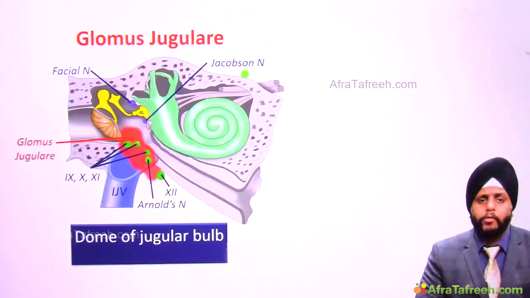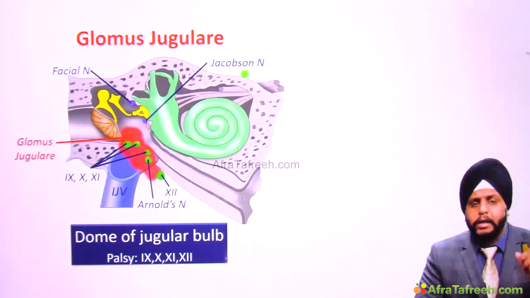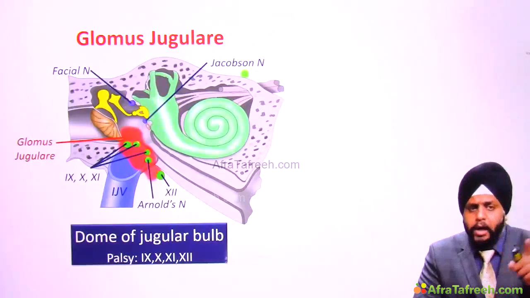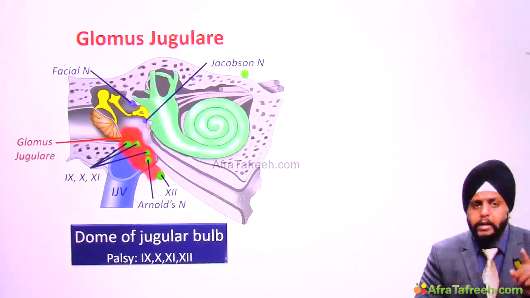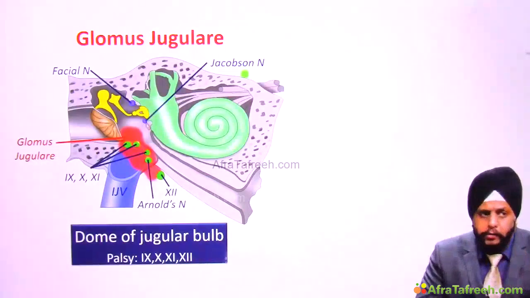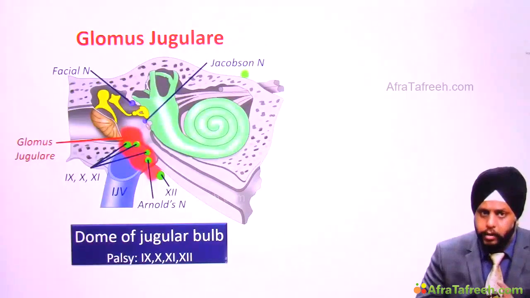Therefore, this will first cause palsy of the 9th, 10th, 11th and 12th cranial nerves. As you can see, I have marked this red area. These are the parts which will be affected first. The 9th, 10th, 11th and 12th cranial nerves will be affected first in glomus jugulare.